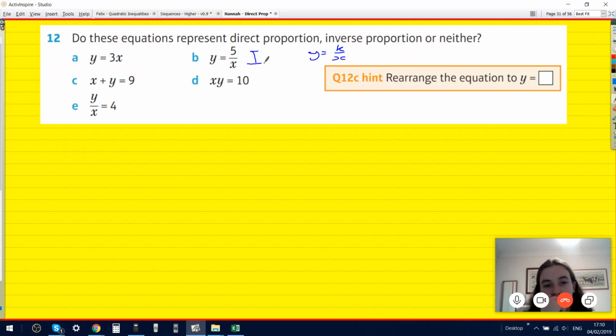So that's inverse. Direct proportion is always y equals kx. Neither. So that's neither. Anything with adding or subtracting isn't proportion.